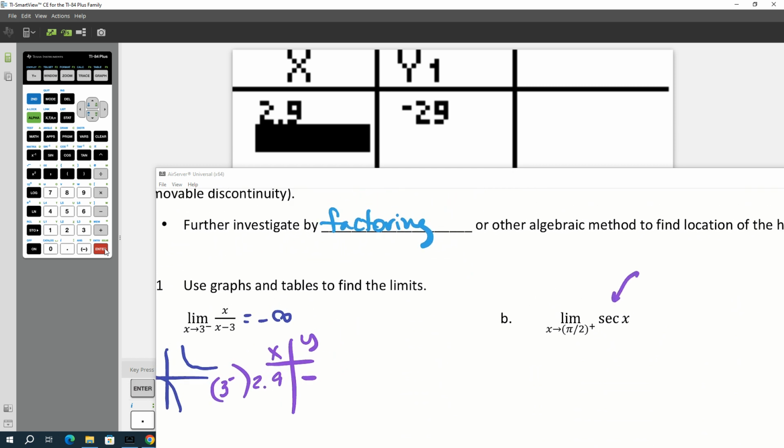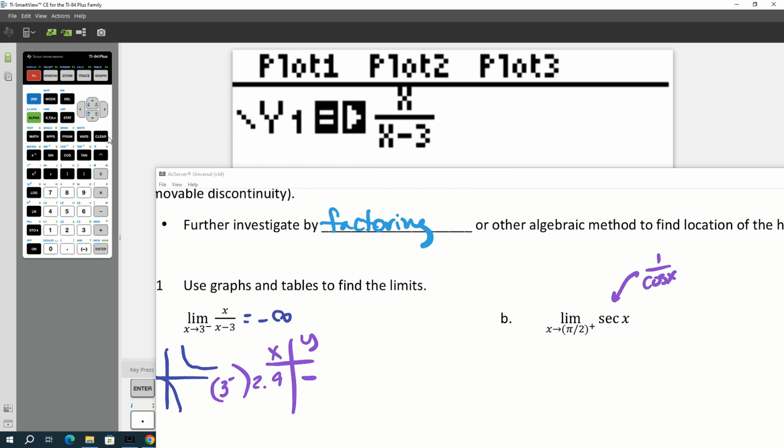Secant of x is the same as 1 over cosine of x. That's how you have to type it in the calculator. You can do the alpha y equals little fraction guy if you want to, or you can just do divided by.